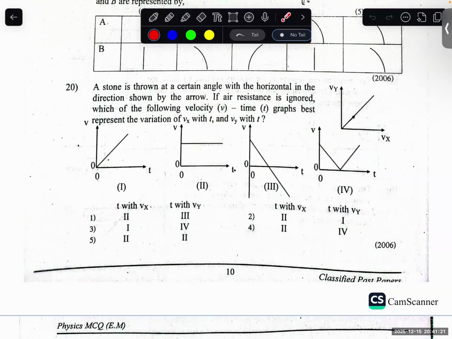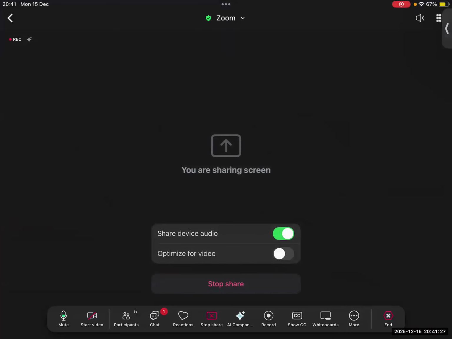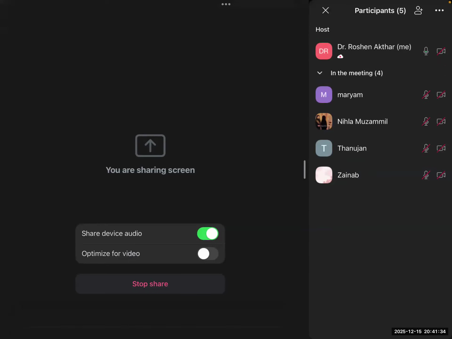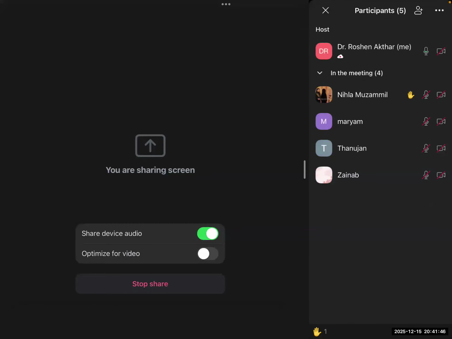Okay, so you have tried, right? Can you raise your hands if you have tried the MCQs? Raise your hands if you have tried the MCQs. Only one person.